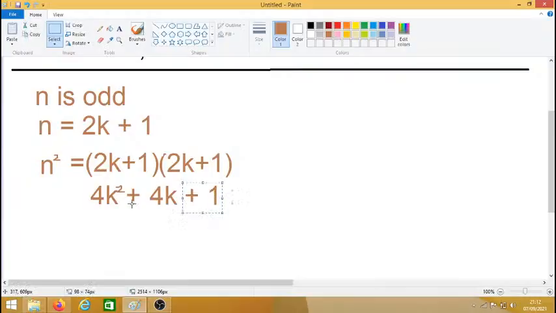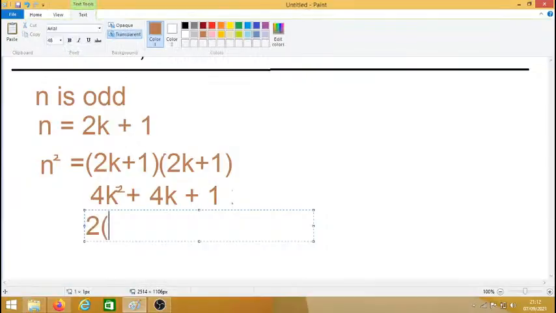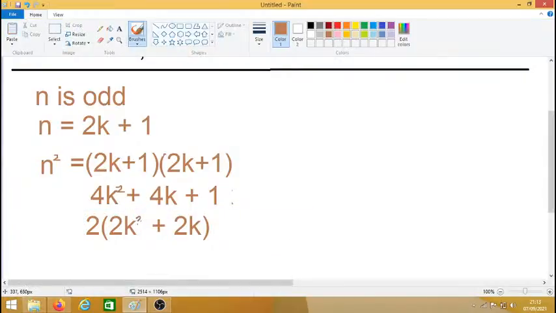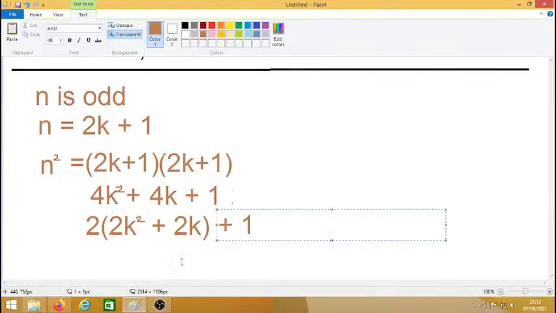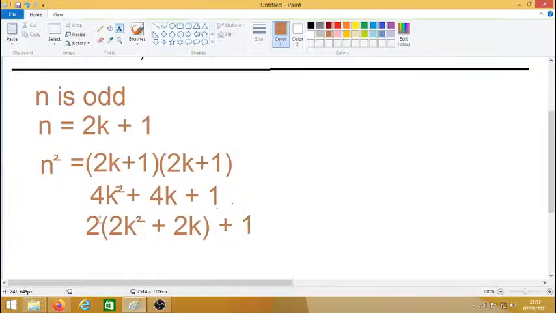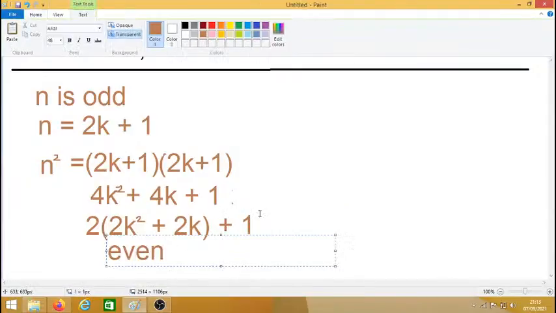So it looks like the first part, 4k squared plus 4k, can be factorized with a factor of 2 at the beginning. So let's bring the 2 out. So we've got 2 times k squared plus 2k. That's your first two parts, and then we've got the plus 1 hanging at the end. Now if we examine that, because the first bit is a multiple of 2, that has to be even.